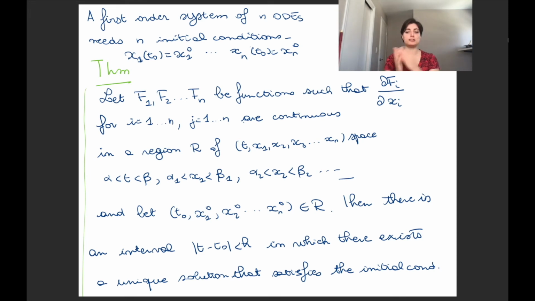A solution that satisfies the initial conditions. Notice that when we have linearity, we can say that the solution exists for the whole interval in which we have continuity. But when we don't have linearity, we have existence and uniqueness on some interval that we don't know. We just know that there exists an interval in which we have existence and uniqueness.